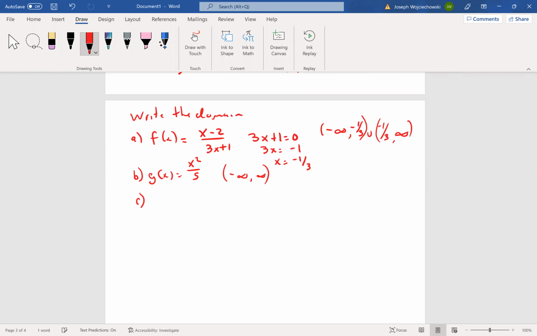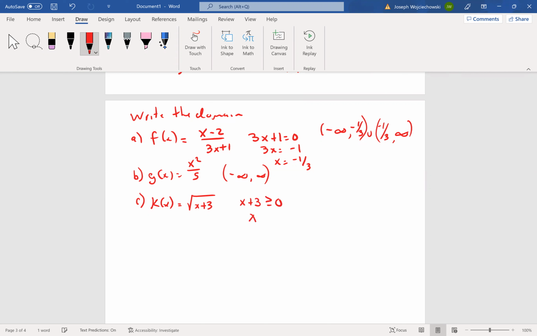Okay, let's look at another one here. How about k of x equals the square root of x plus 3. Okay, square root, that means the 1/2 root, it's an even, so we can't have a negative under the radical. So this means that x plus 3 must be greater than or equal to 0.